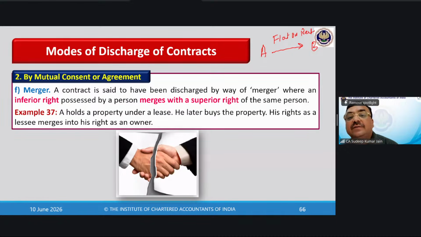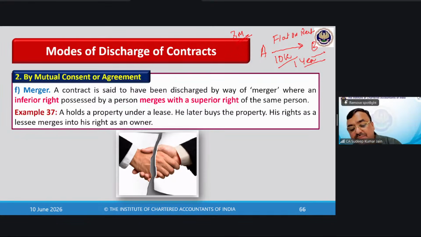A has given his flat on rent to Mr. B for 10,000 per month for 1 year. But after 3 months, B has purchased that house from A and now B becomes the owner. So is the original contract of giving the rent possible? No.